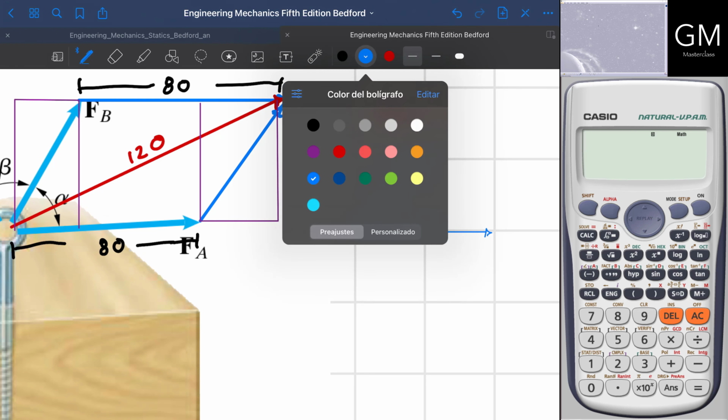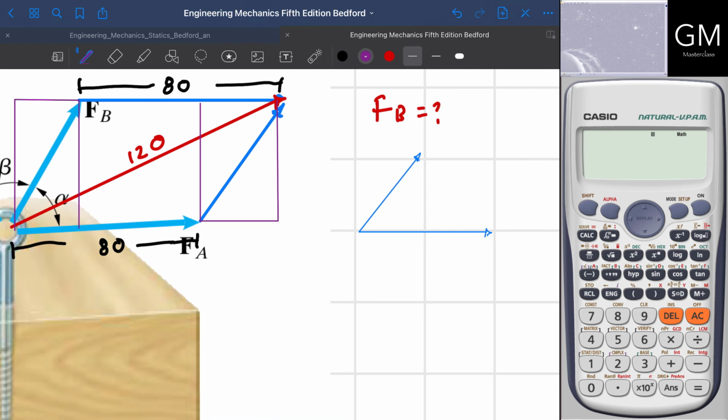I'm going to use purple for this part, and this is the first triangle that I needed. This triangle is the same as this triangle. Right here I have this, and right here I have this first vector.